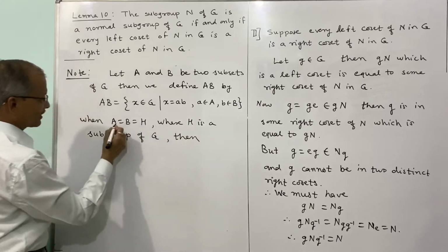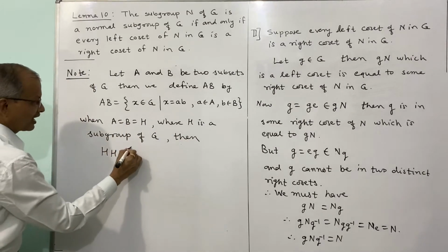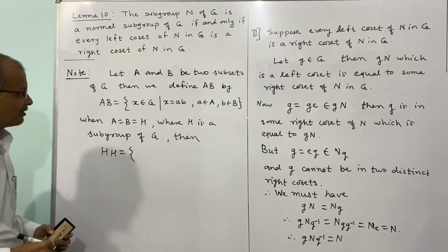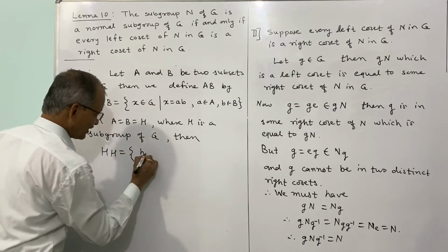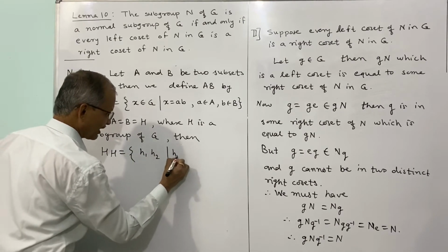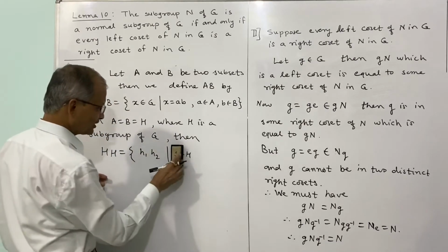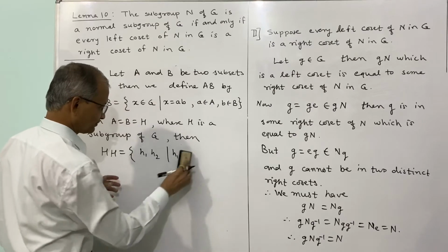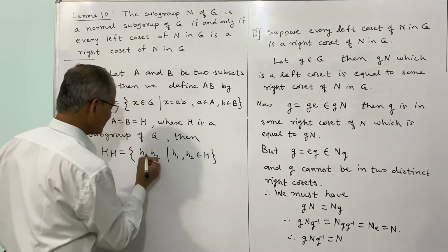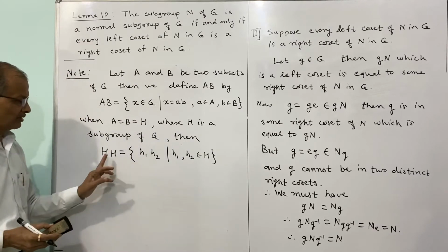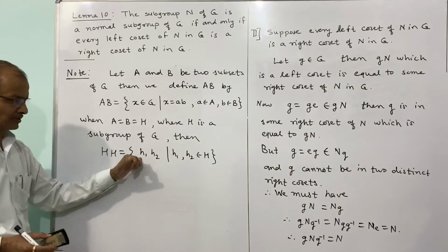then AB will be H into H. The elements of this will be of the form h1 h2, such that h1 belongs to H and h2 also belongs to H. These are elements in the product form, h1 belongs to H, h2 belongs to H. So the elements of HH will be of this form.